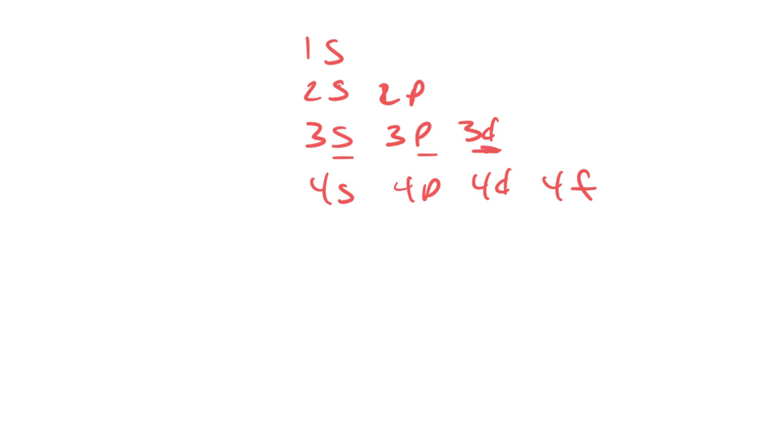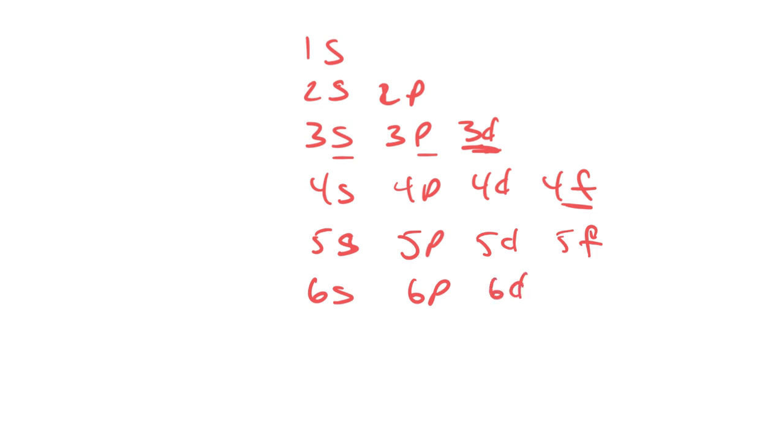We stop at 3d for n equals 3, stop at 4f for n equals 4. If I carry this on for a couple more, 5s, 5p, 5d, 5f, 6s, 6p, 6d, 6f, the order fills downward this way.